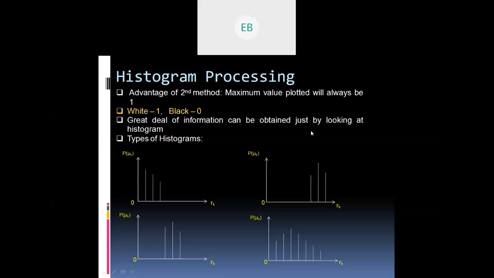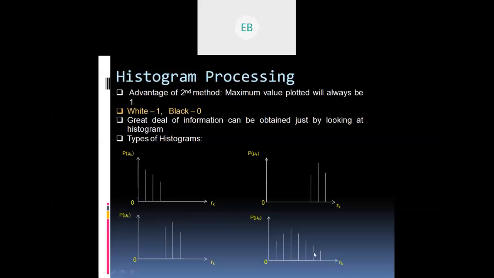That's why users always use histogram processing with the second method, where white plotting describes 1 and black plotting describes a value of 0.